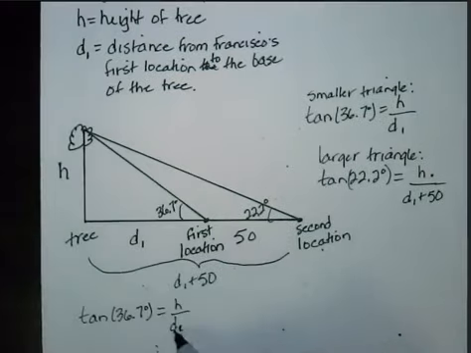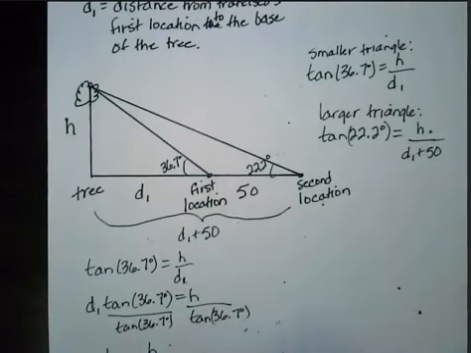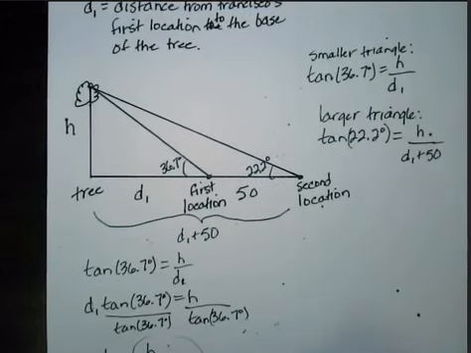To solve this for d1, we could cross multiply. That would give us d1 times a tangent of 36.7 degrees equals h. If we're trying to solve it for d1, that means we'd want to divide both sides by the tangent of 36.7. We've got that. Now the idea is that we can substitute this expression into our second equation in place of the d1.